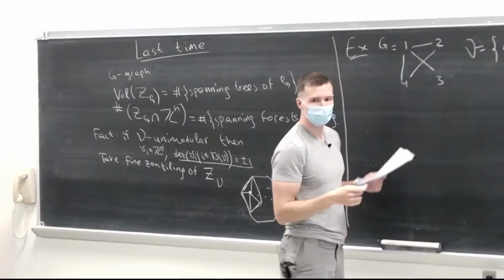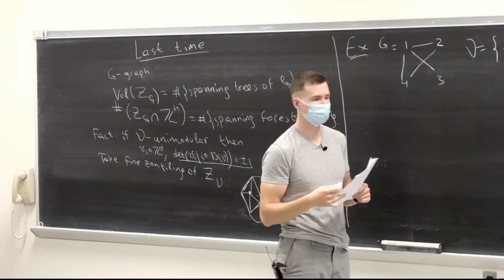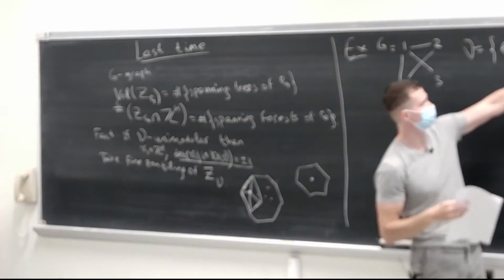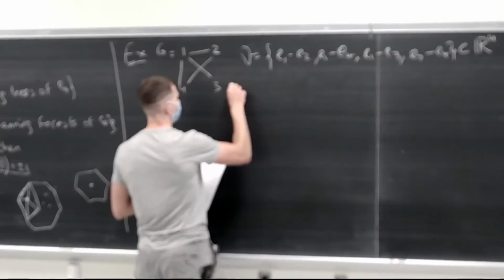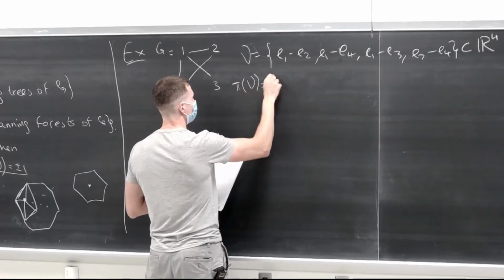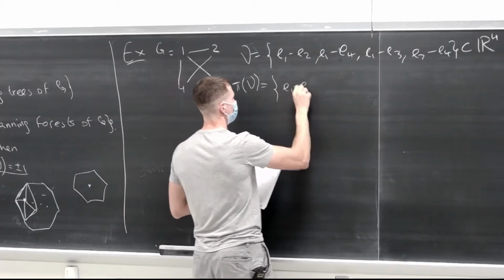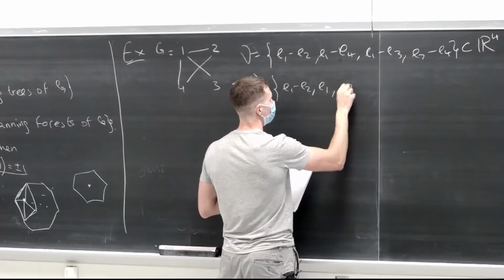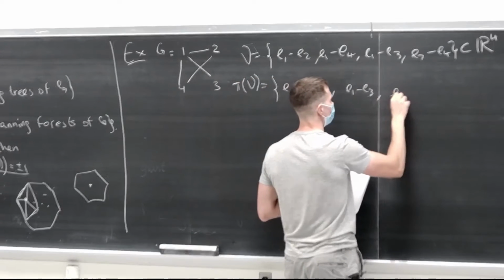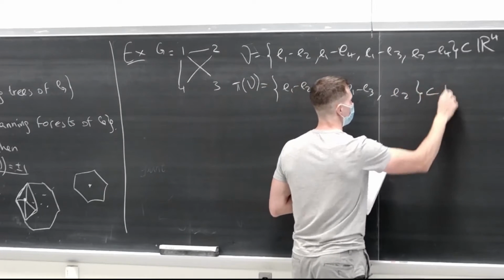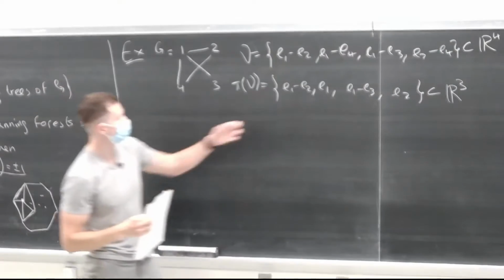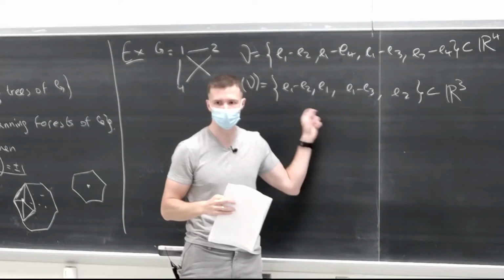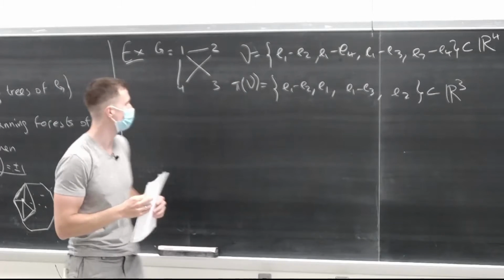And now what I do is I project it down by forgetting the last coordinate. Okay. So after projecting, my vector configuration becomes e1 minus e2, e1, e1 minus e3, and then e2 inside R^3. So some edges become weird basis vectors instead of differences of base vectors.